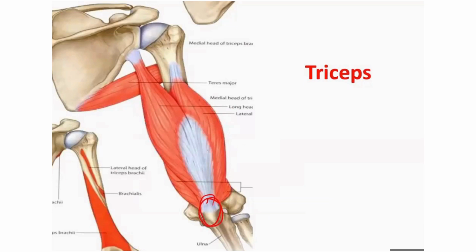But it comes out of the muscle to the skin as a cutaneous nerve called the lateral cutaneous nerve of forearm, which is sensory.